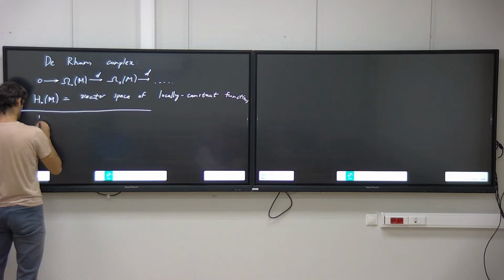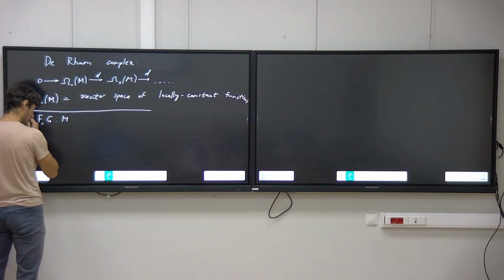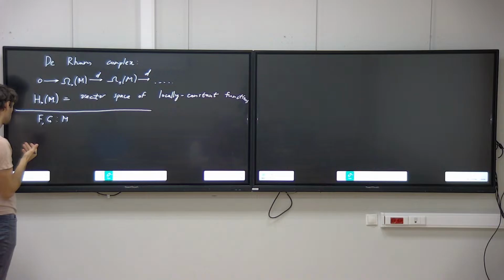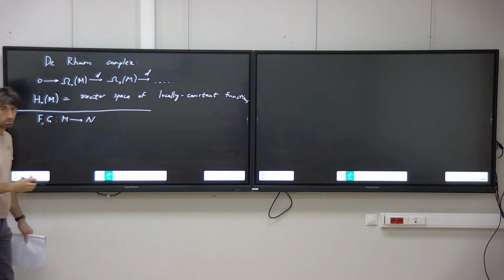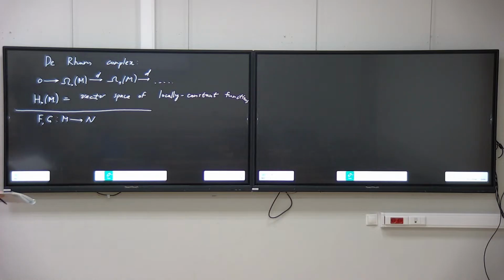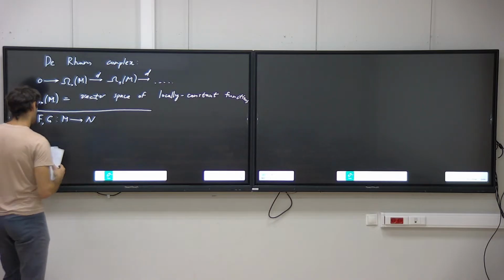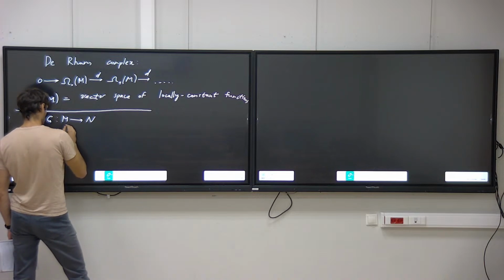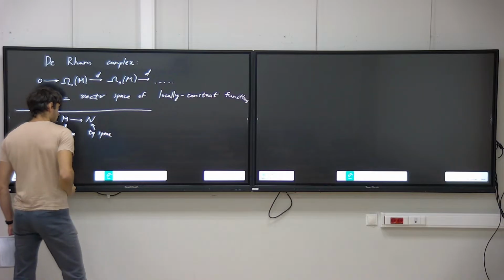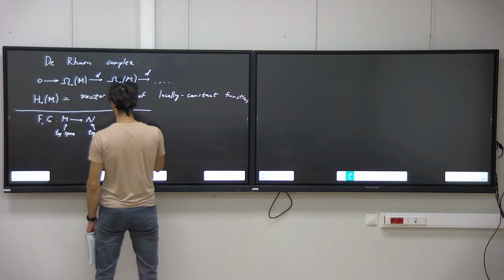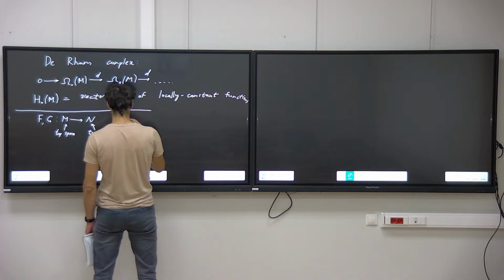Suppose that I have f and g, two maps, and for homotopic maps, I don't even need M and N to be smooth manifolds. I can start with topological spaces. So this is a topological space, and this is a topological space, and then I have two continuous maps.